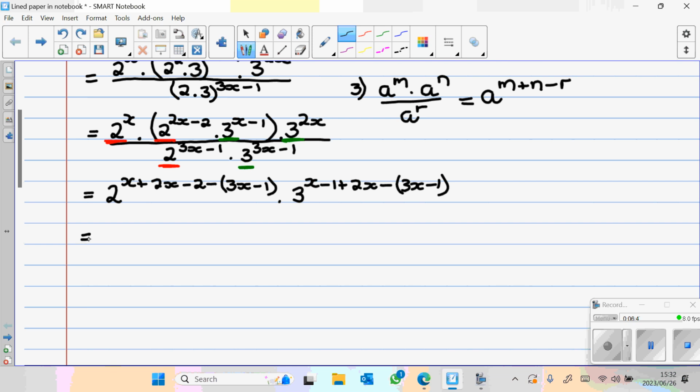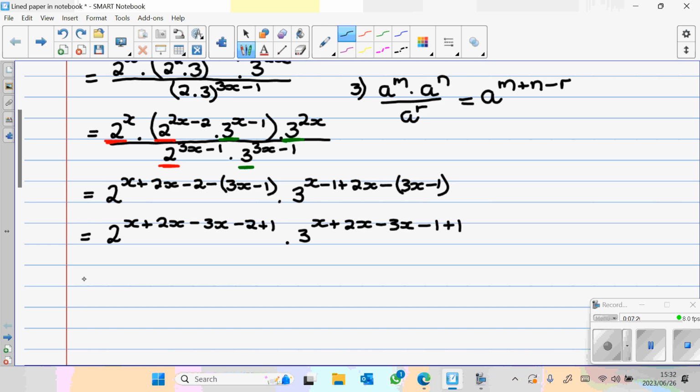So actually, I have 2 to the power of x plus 2x minus 3x minus 2 plus 1. And then I have 3 to the power of x plus 2x minus 3x minus 1 plus 1.